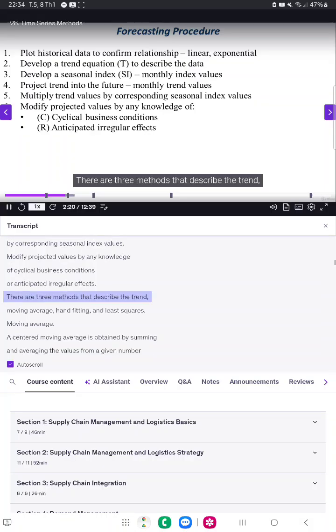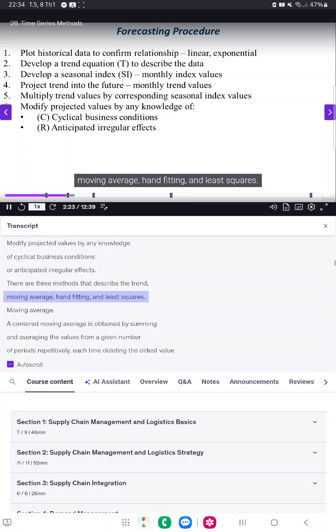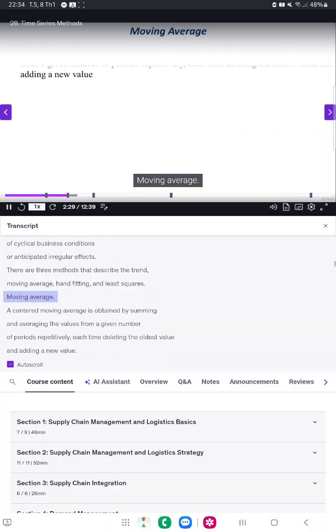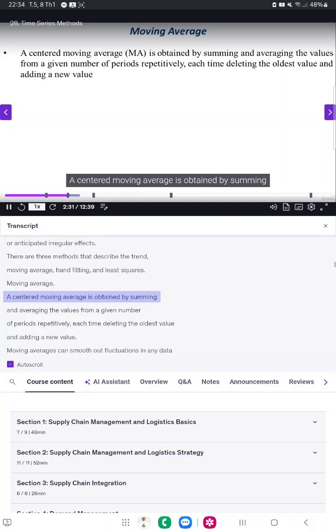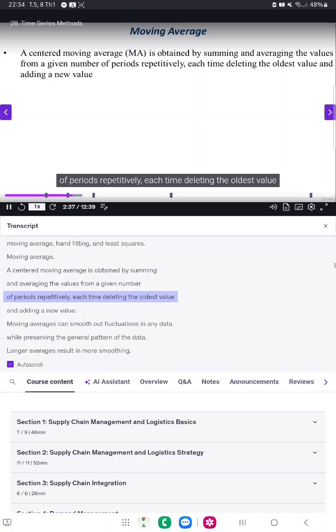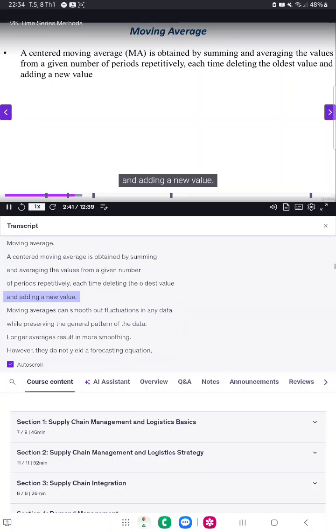There are three methods that describe the trend: moving average, hand-fitting, and least squares. Moving average. A centered moving average is obtained by summing and averaging the values from a given number of periods repetitively, each time deleting the oldest value and adding a new value.